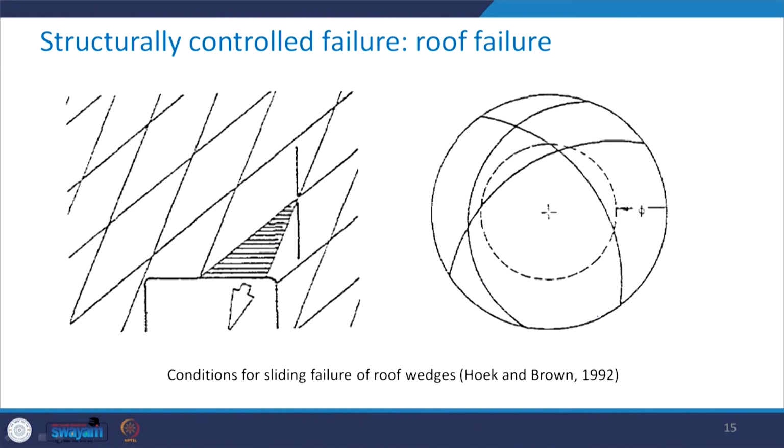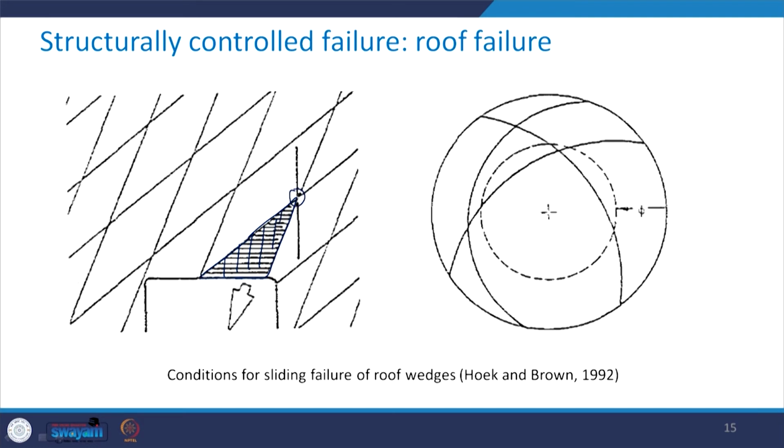Take a look at this picture. So, this is showing you this particular condition. Here, this is the wedge which is being formed in the roof portion by the discontinuity. So, this shaded portion is that wedge.